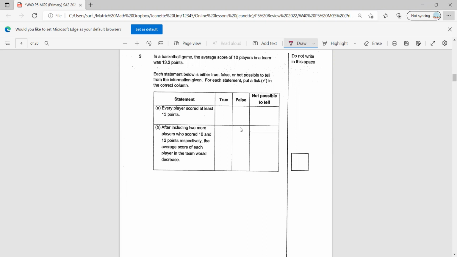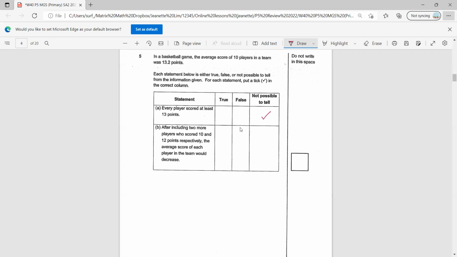It can be true, all of them can score 13 and above, or 13.2. Or some may score 12 and another person scored 14. So it's not always true that it's at least 13. So it's not possible to tell.